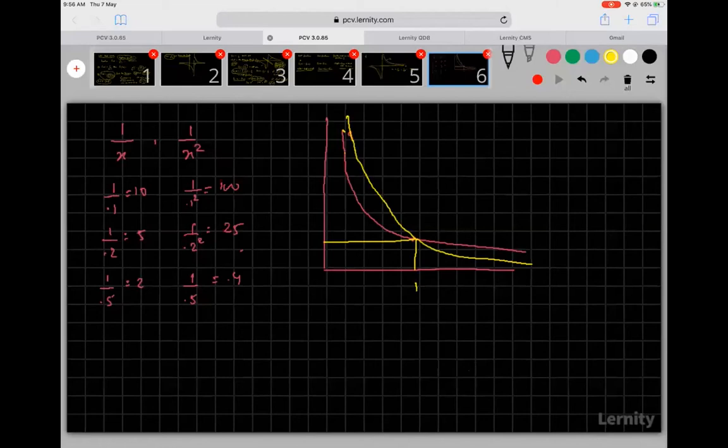So that's how you basically draw. Okay, then when I'm comparing, I'll see that 1 by x will be greater than 1 by x square. So this is the curve 1 upon x, and this is the curve 1 upon x square.